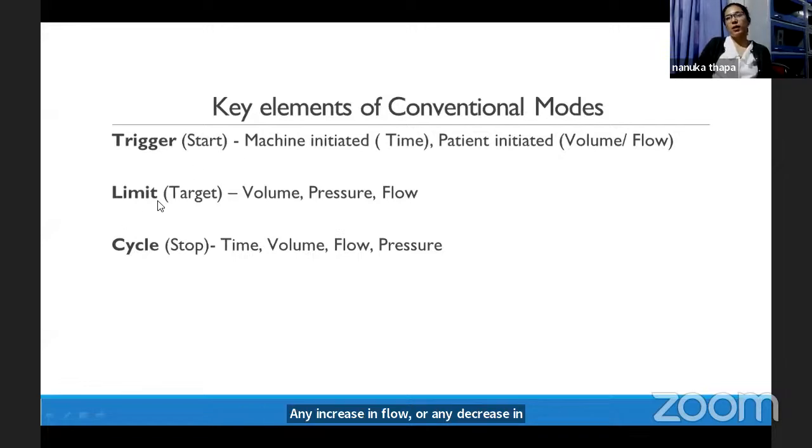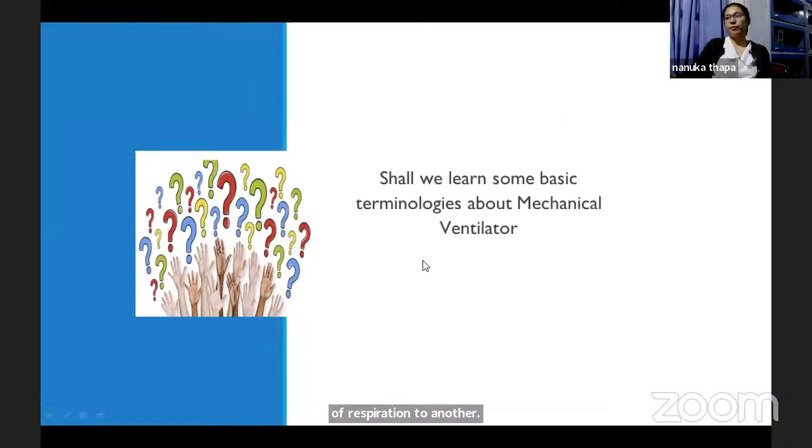The other term is known as limit. This is the maximum value that, when attained by the ventilator, the breathing stops. The inspiration or the flow stops. It can be volume, it can be pressure, or it can be flow. Cycling is what determines the switching from one phase of respiration to another. So it can be time, volume, flow or pressure.